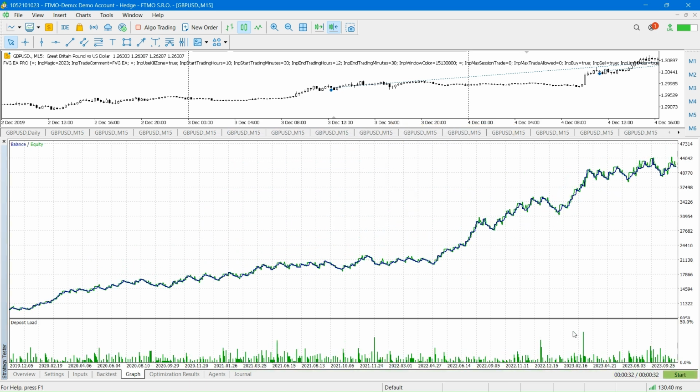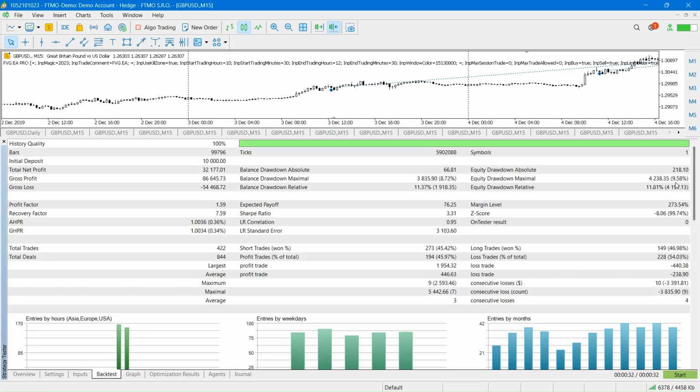Well, as you can see, in 2023 basically you have a good curve. It starts here approximately, and it's going up. Lately it has flattened, but not really flattened. We still have profit, but we're good. If you go to the backtest, we have a 9, which is a very good drawdown. We have accumulated 32k, which is also good. We have 159.